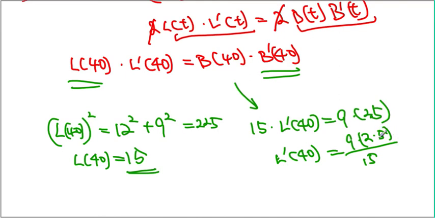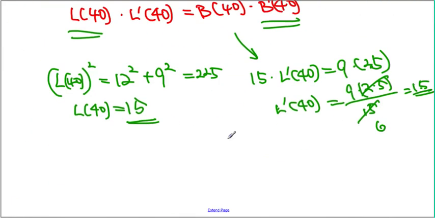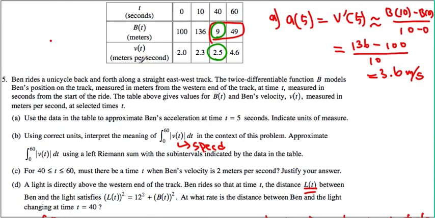Now 2.5 and 15 can cancel out, becomes 6, which is equal to 1.5. So L prime of 40 is equal to the value which we just calculated. So therefore it is 1.5. What is the unit? Unit is meters per second.